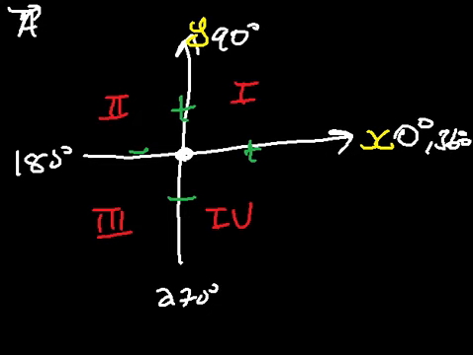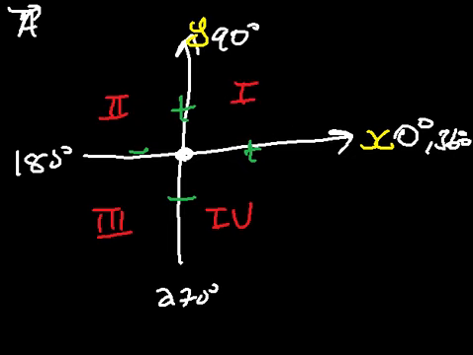Now you have to understand that if the vector is in the first quadrant, it means all of its components are positive. Much as the first quadrant consists of the axes that are positive, the vector in the first quadrant must have all components positive.